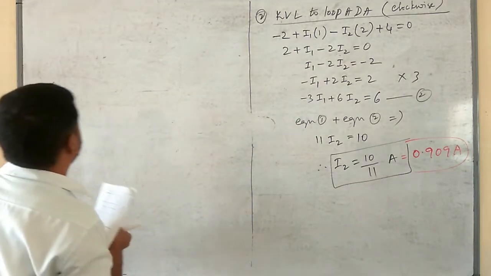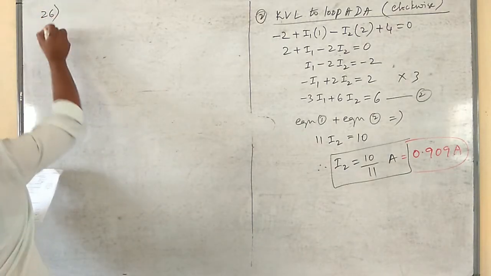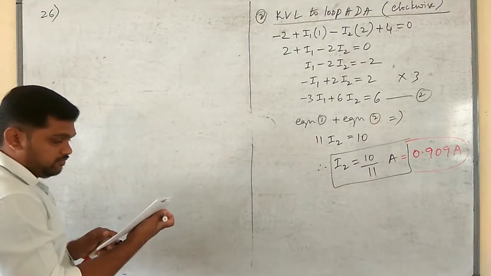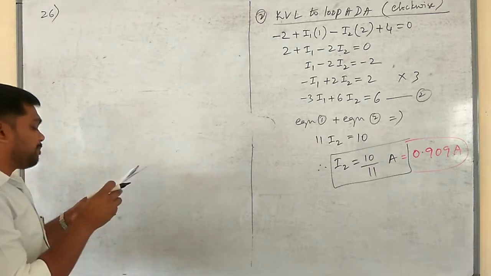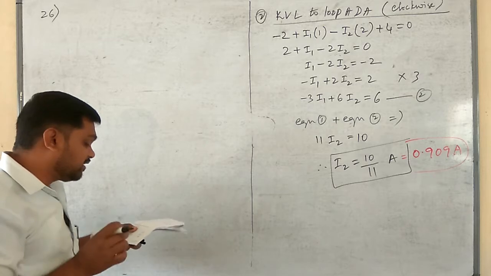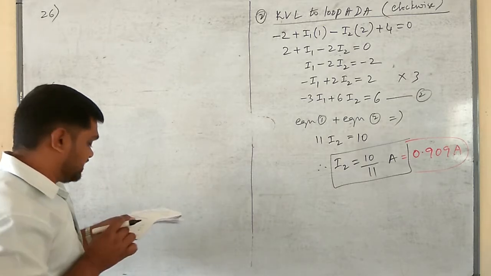Next, question number 26, an important problem. Calculate the power dissipated in the 10 ohm resistor in the given circuit.